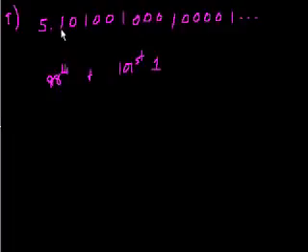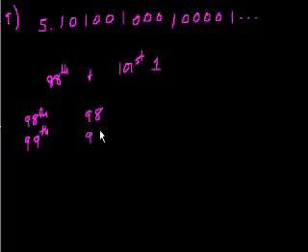Well, the first one is followed by 1 zero. The second one is followed by 2 zeros. The third one is followed by 3 zeros, right? So the 50th one is going to be followed by 50 zeros. The nth one is followed by n zeros. So the 98th is going to be followed by 98 zeros. And then the 99th, so you're going to have a 1, then 98 zeros, then the 99th one, followed by 99 zeros.